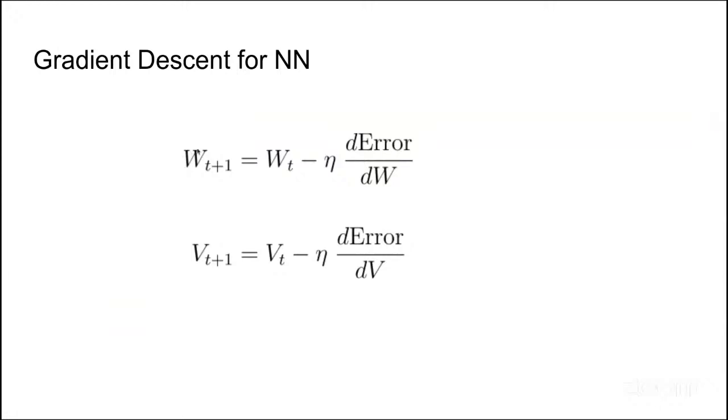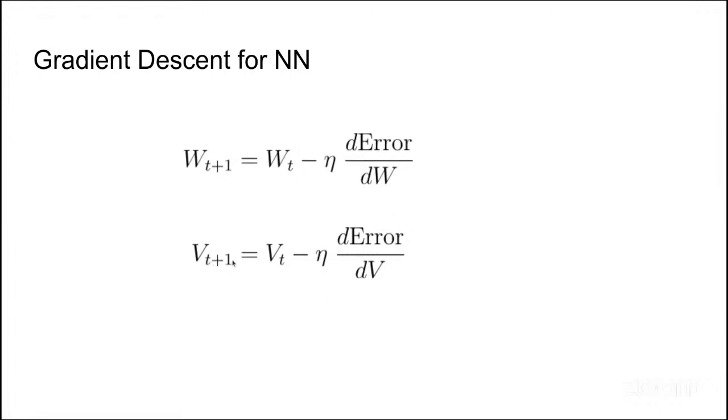So your new updated weight Wt plus 1 at the new time step would be Wt minus eta times the gradient with respect to the weight. Similarly, for the V weight, you just have to calculate the gradient with respect to V, right? And that's how you update your network. And at the optimal point, this gradient will become 0.